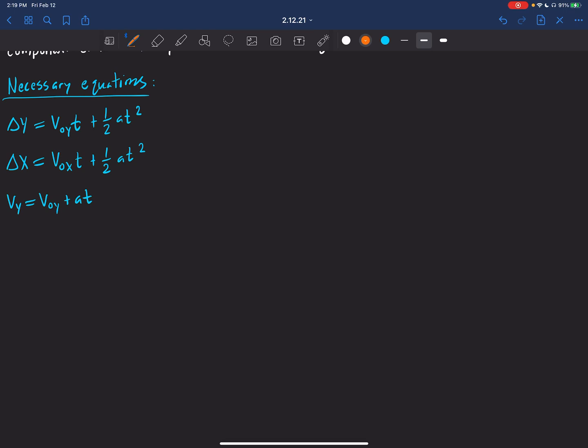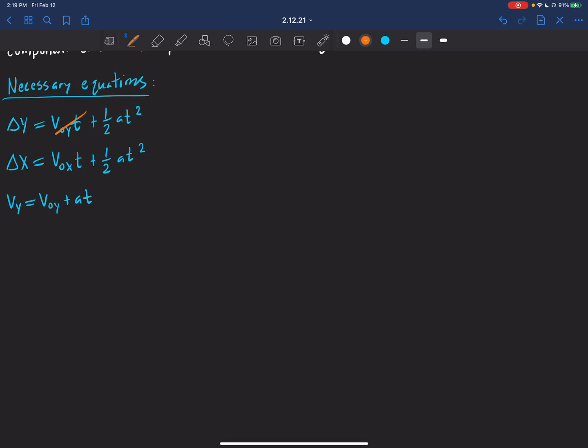Because the projectile was fired horizontally, there's no initial vertical component of the velocity. So we can just cross this term out right here. And then we know the height and we know the acceleration. So we can solve that for the time that it takes the projectile to fall.